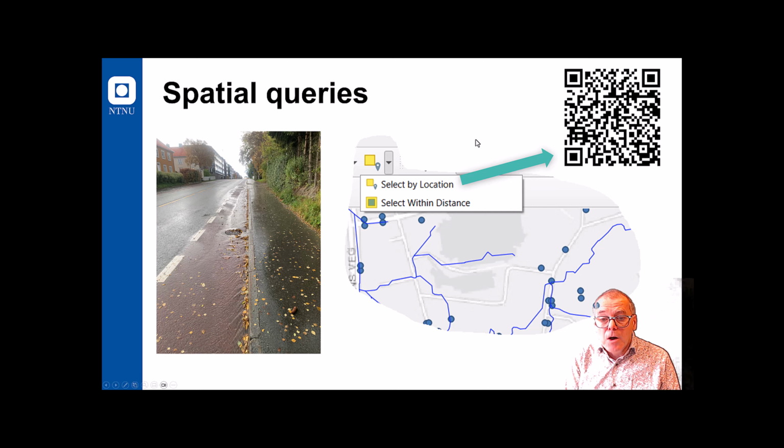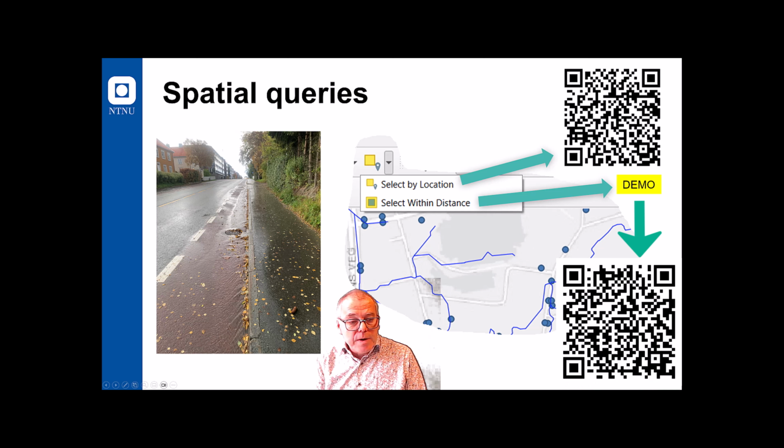So one way of making a select by location is by using a buffer on the drainage line, and then do a select by location using intersect as a parameter, and this is demonstrated in this video. Another option is to use the select within distance, and then set a distance in the tool to select then which are these outlets which are very close to the drainage line. So next demo is about using select within distance.